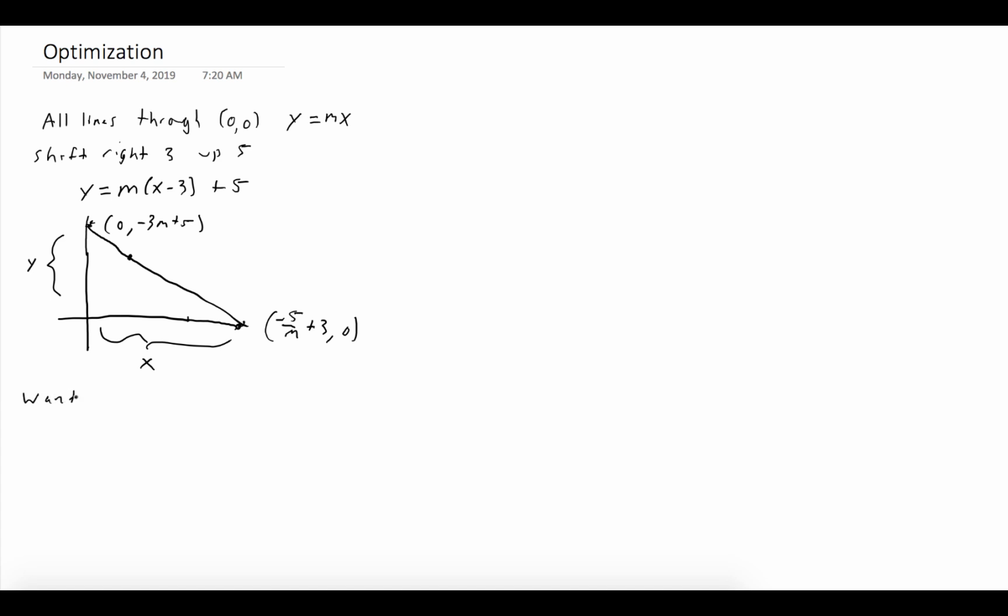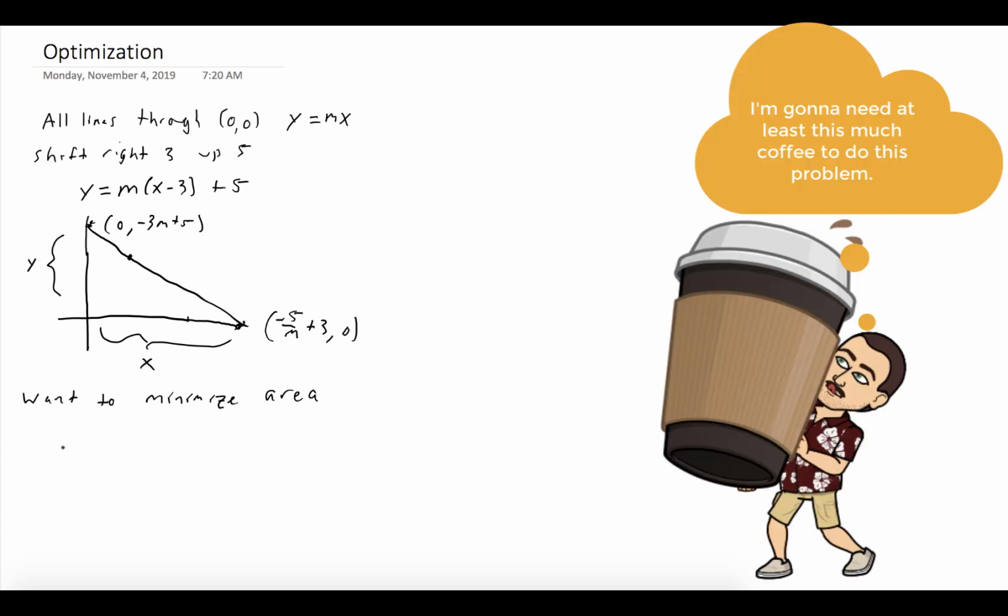Okay, so the goal of our question is we want to minimize the area. The area of a triangle is equal to 1/2 x times y. And we have some constraint functions that we have to satisfy.